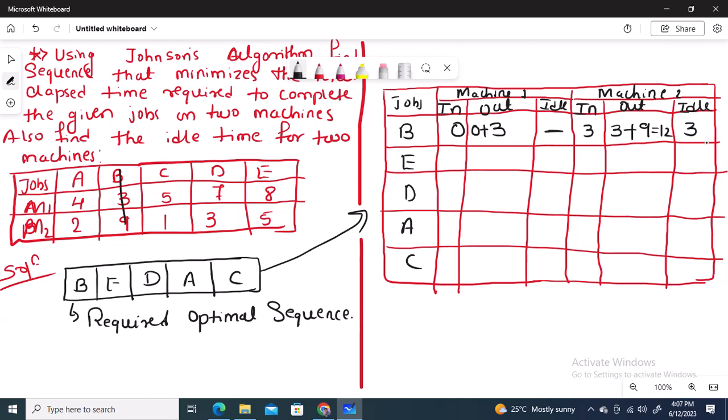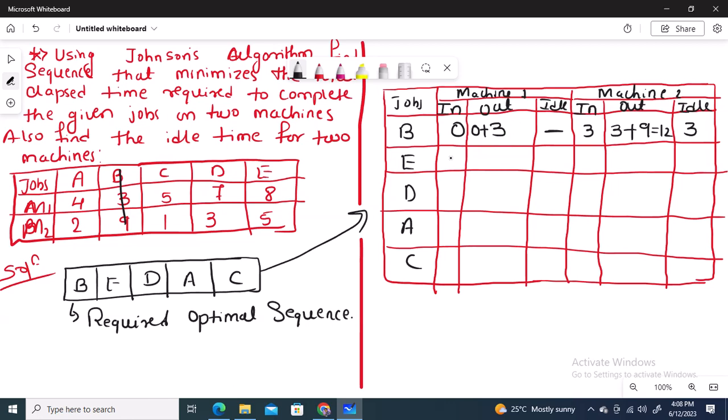This job is finished. Then we move on to job E, because in the optimal sequence we have job E. For job E, machine 1 takes how much time? 8 hours. So in time is not 8 hours. Here be careful, because once job B is completed, only then will it move on to job E. Therefore the start time for job E is the out time of job B. So once job B is completed, job E will start.